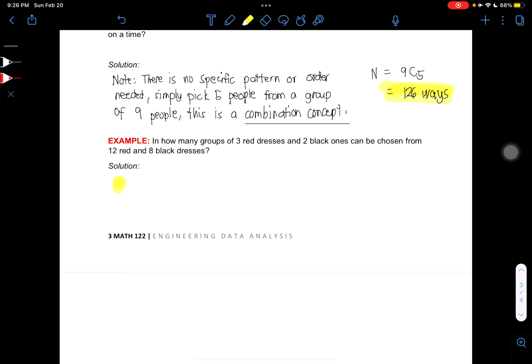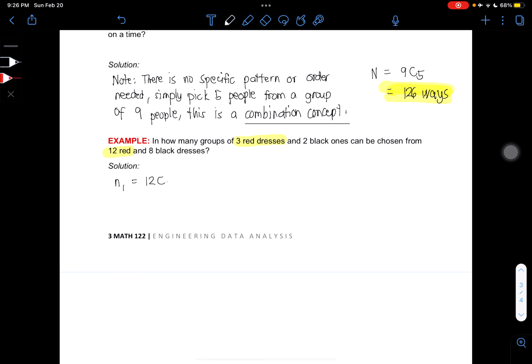In our problem, we have 3 red dresses out of 12 red, so our n1 will be 12C3, choosing 3 red dresses out of 12.